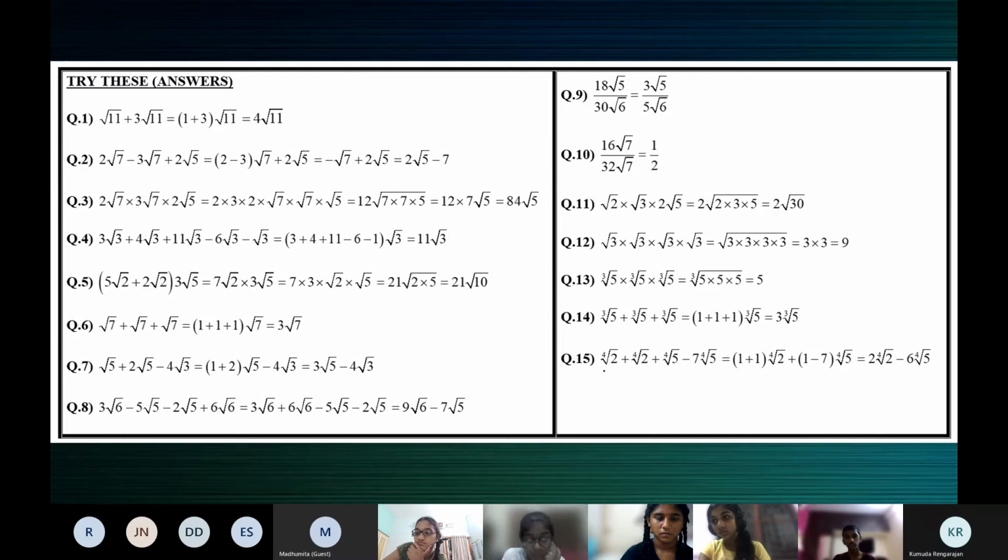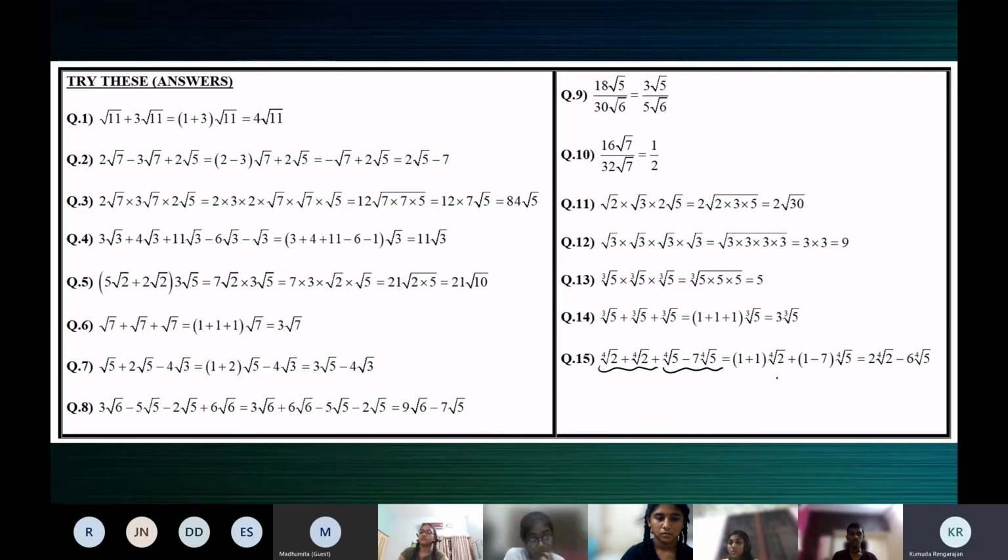Now coming back to this: 1 plus 1 into 4th root of 2, 1 minus 7 into 4th root of 5. Because you cannot simplify all of them at the same time. These two are like surds, these two are like surds.